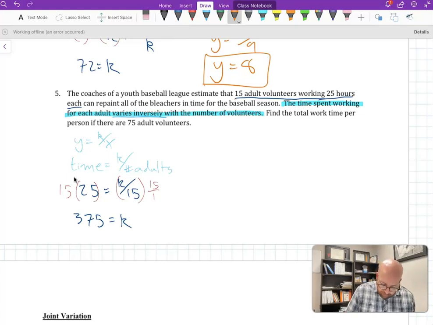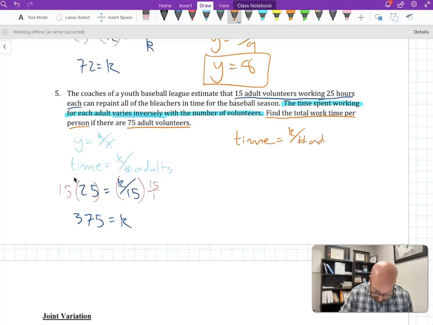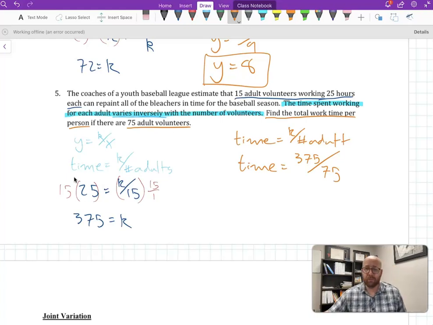Now, we want to find the total work time per person if there are 75 adult volunteers. So going back to our equation, time is equal to k over number of adults. We want to find time. Our constant of variation is 375, and we have a total of 75 adults.